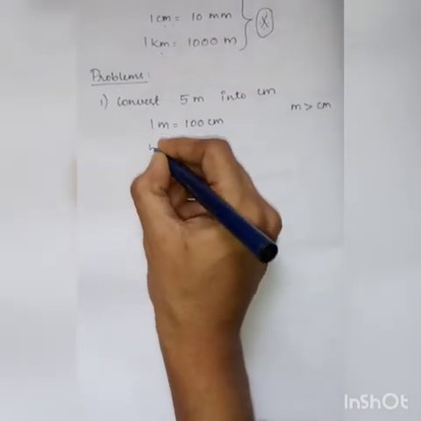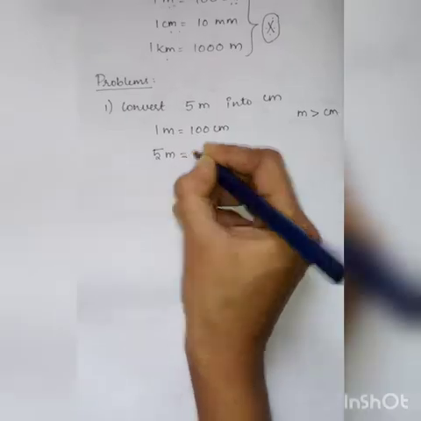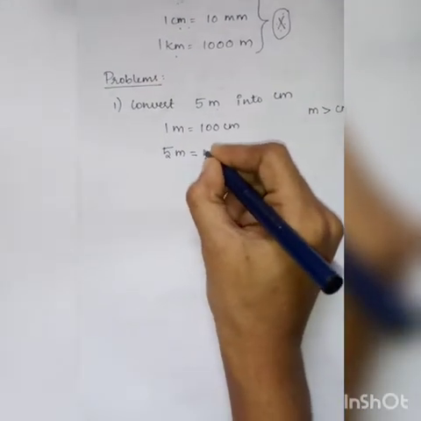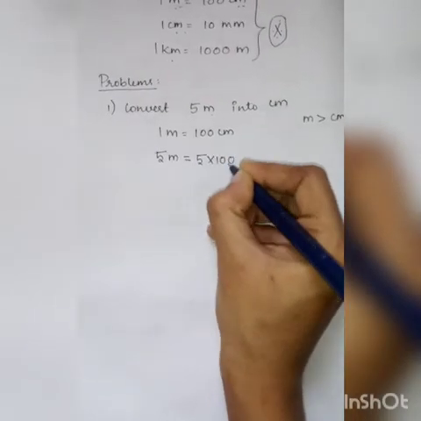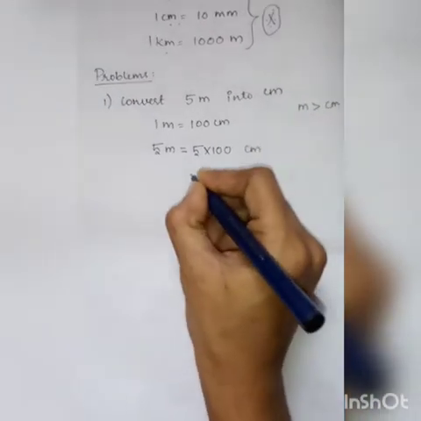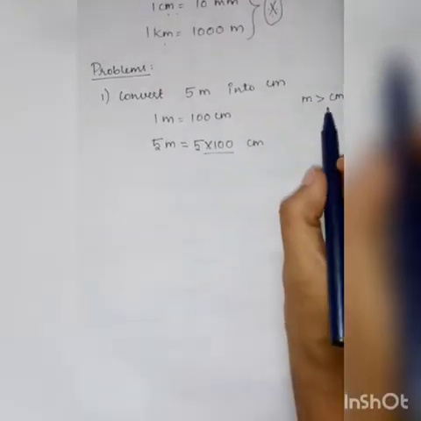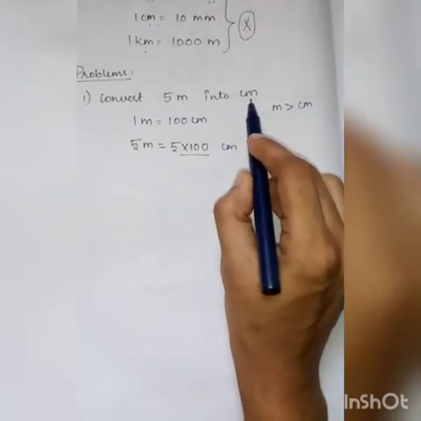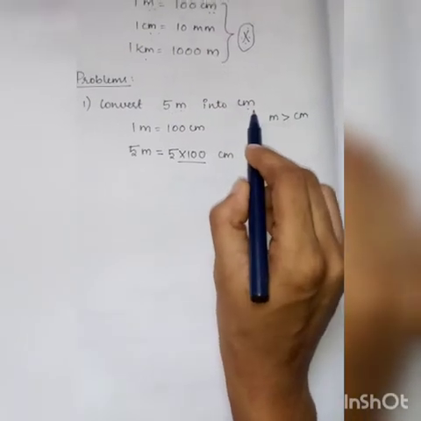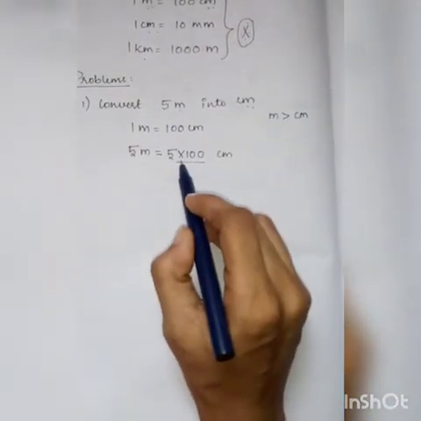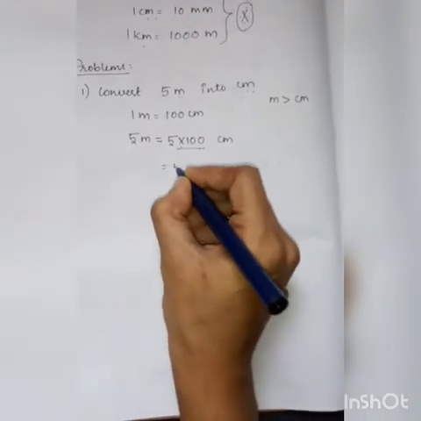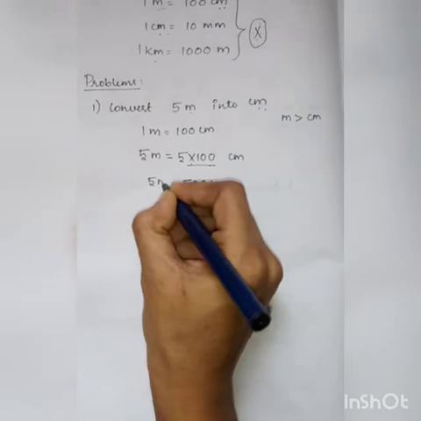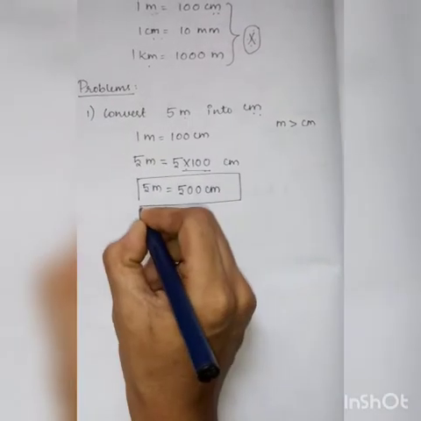So 5 meter is equal to 5 into 100 centimeter, because it is a conversion from a greater unit to a smaller unit. So you multiply by 100. 5 into 100 is 500 centimeter. So 5 meter is equal to 500 centimeter.